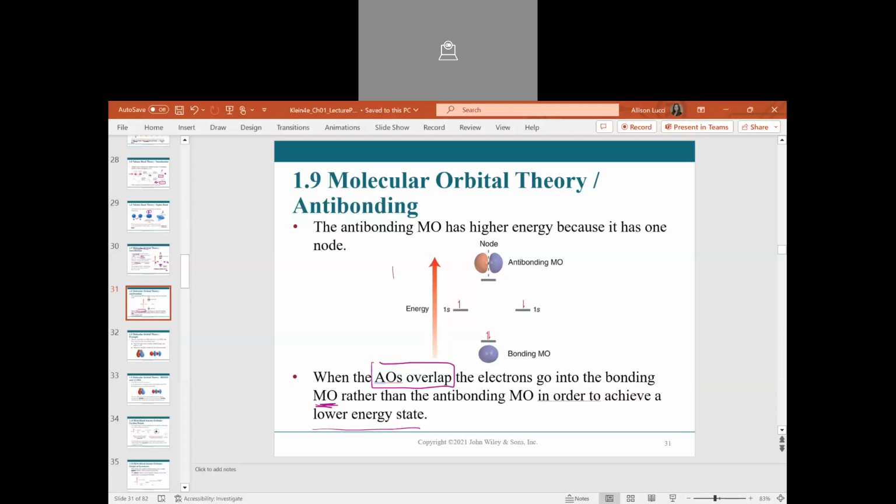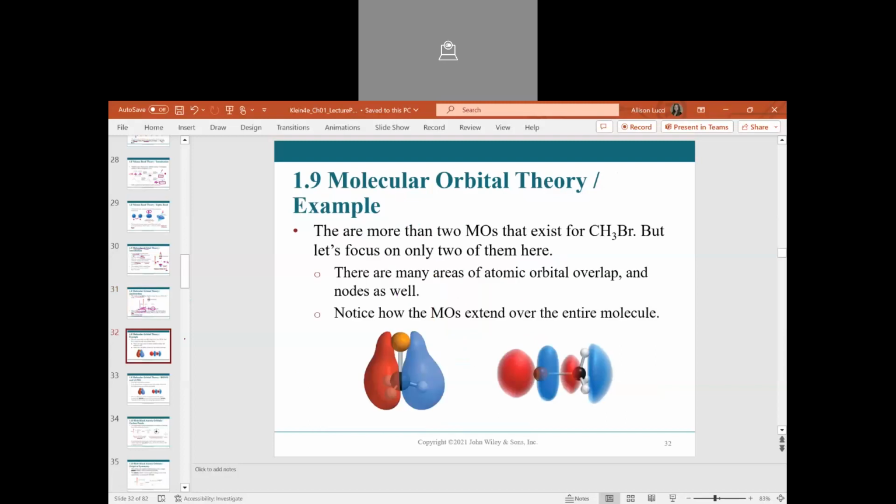If this is our energy diagram here, the bonding molecular orbital is the lower energy. You really don't need to know the specifics about this, but the antibonding molecular orbital is higher energy because it has this node. It creates a higher energy for that to form.